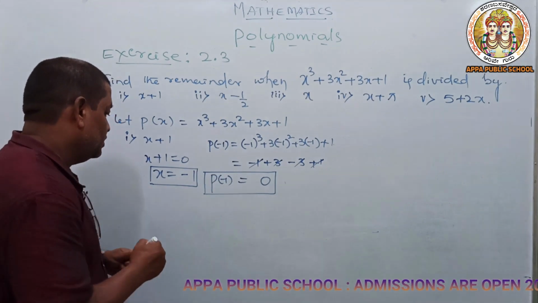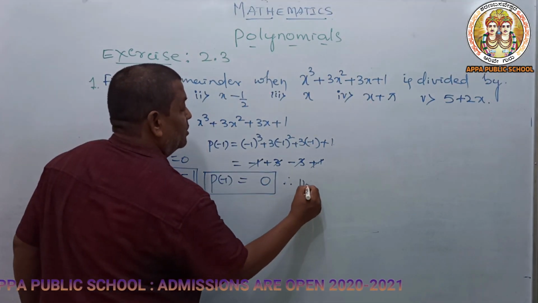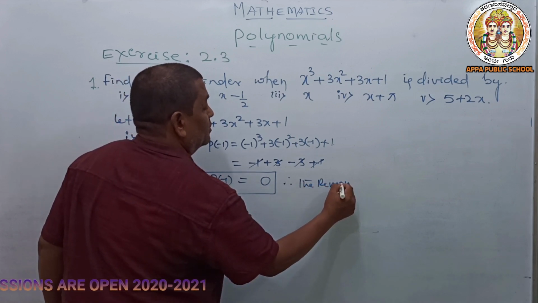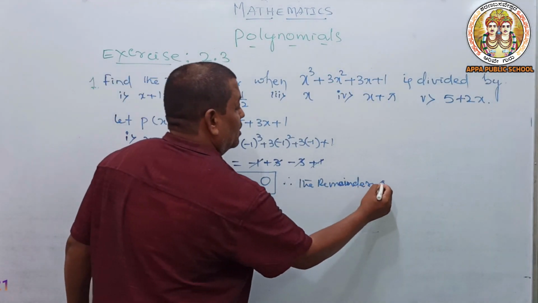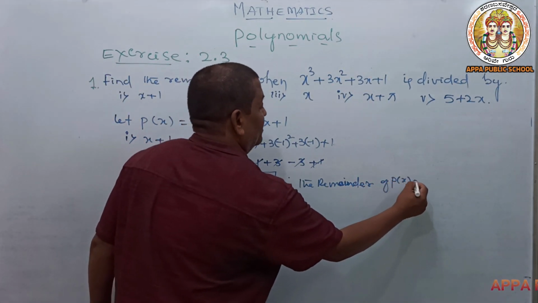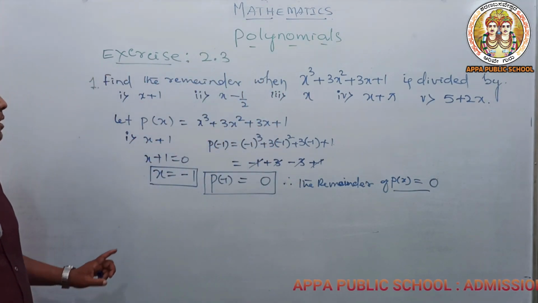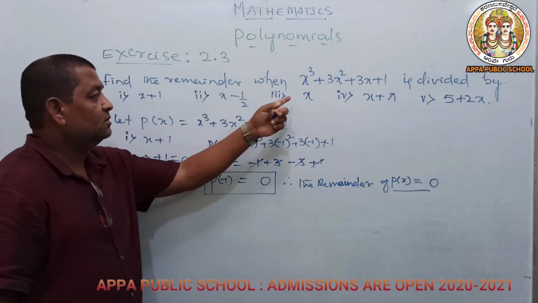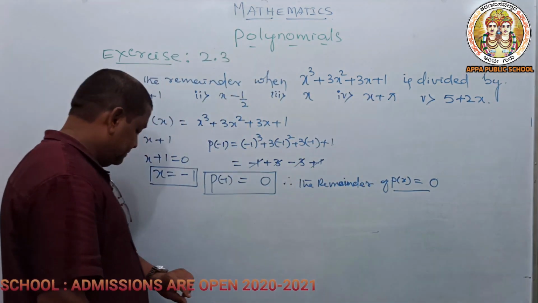Therefore this is 0. You write a conclusion. Therefore the remainder of p of x is equal to 0. So like that we can find the remainders for all of them.